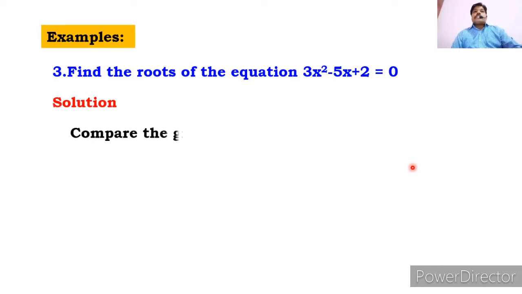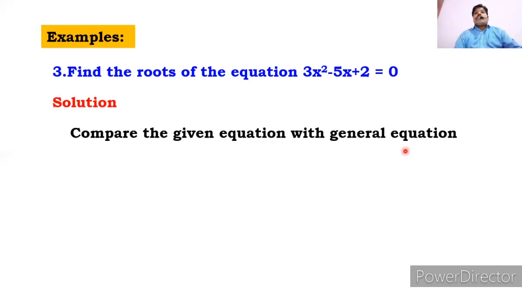First compare the given equation with ax square plus bx plus c. So x square coefficient is a, x coefficient is b, and the constant is c. So by observing, a is equal to 3, b is equal to minus 5, and the constant c is 2.